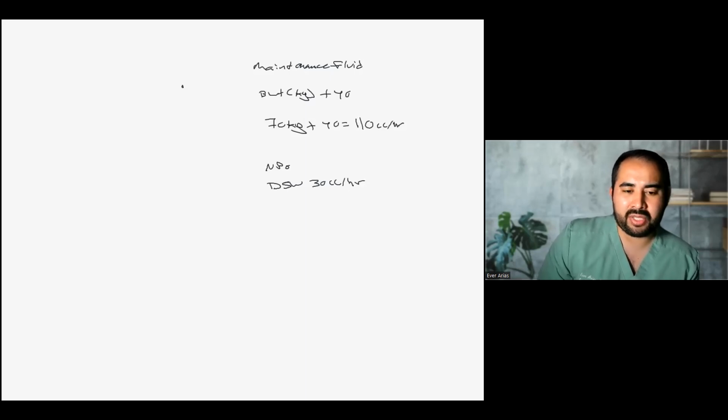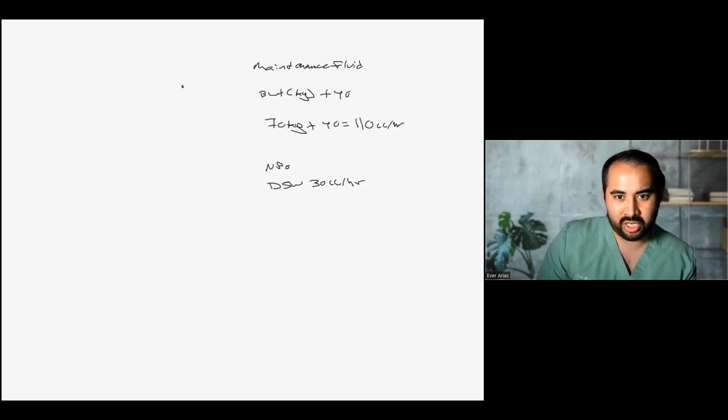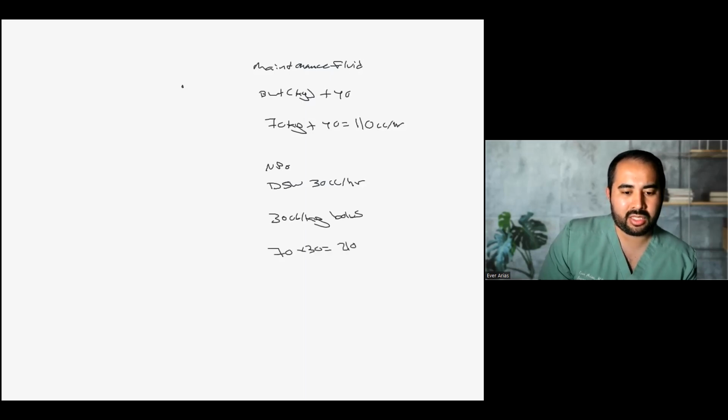If someone is septic, based on the Rivers trial, which there's a debate on the utility of it, but just because you need to know this info, you do 30 cc's per kilogram of bolus fluid. So let's say 70 times 30, that comes down to like 2.1 liters of a fluid bolus.